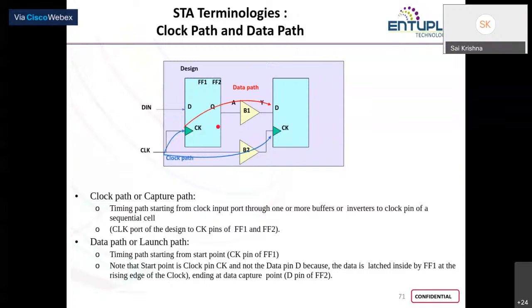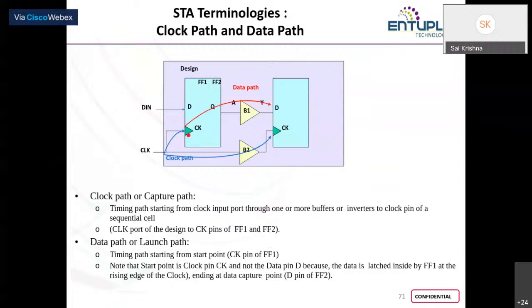So here is an example. Data path doesn't literally mean the path in which the data flows, but the path that is formed with propagation delay arcs. As we have discussed yesterday, for a sequential cell, the cell delay arc will be from clock to Q, right?